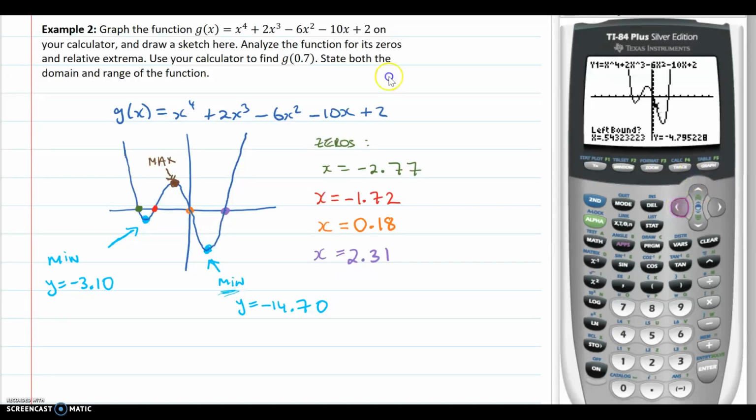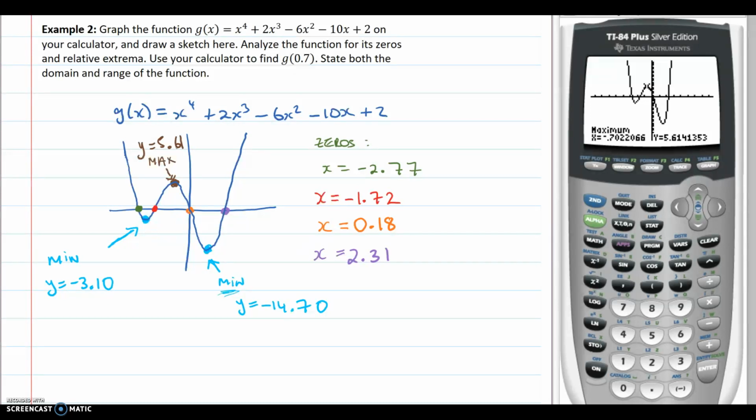Okay, go as close to that maximum as you can get. Make sure you go to the left of it a little bit, press enter, come back and go to the right of it a little bit, press enter, and enter again and it asks you to guess, and you get y is equal to 5.61. Okay, y equals 5.61. So maximums, y values, zeros, x values.